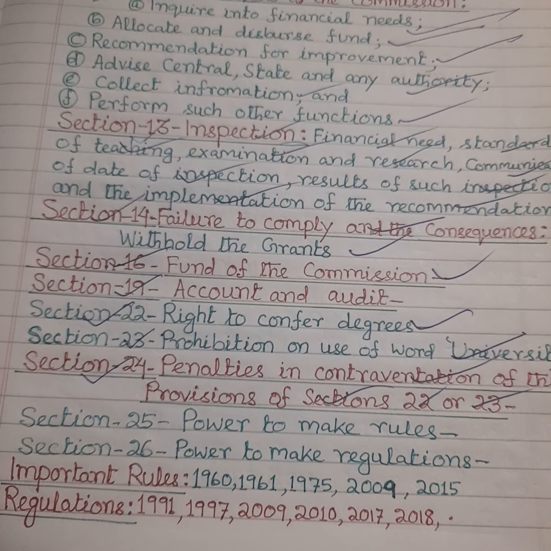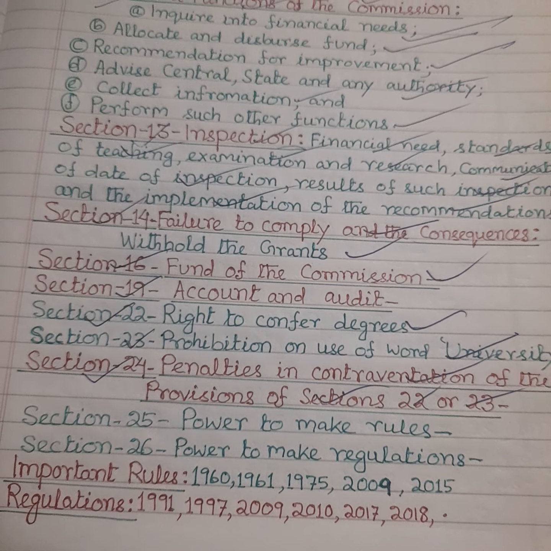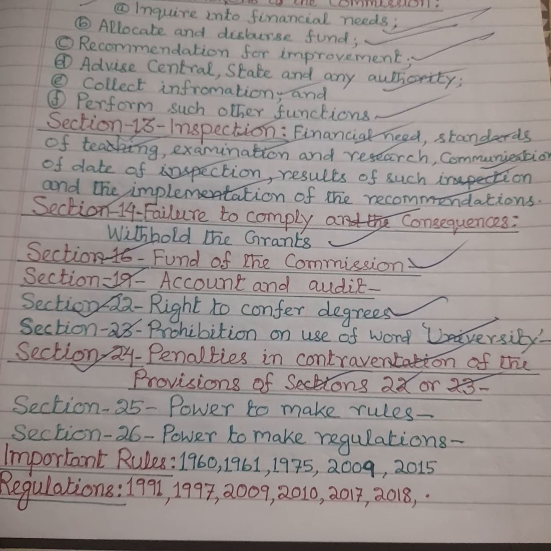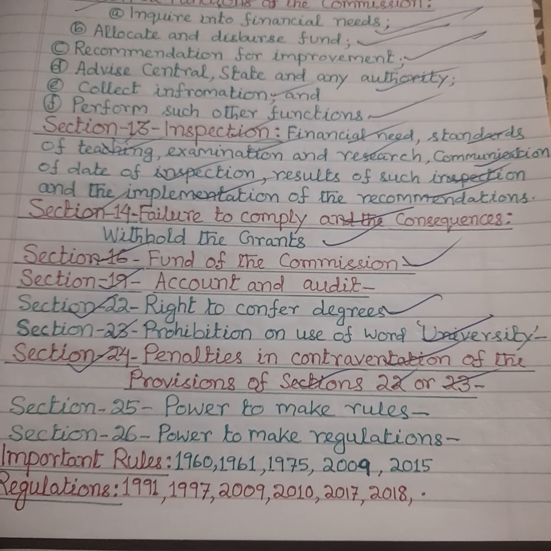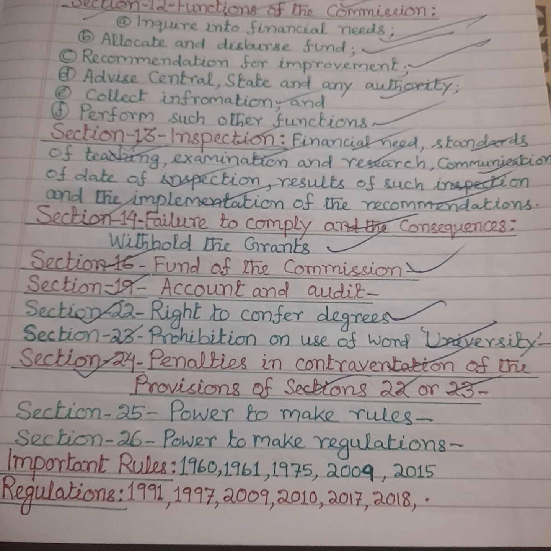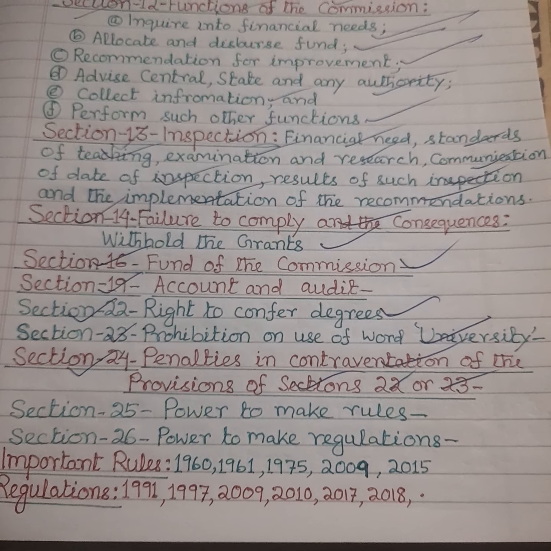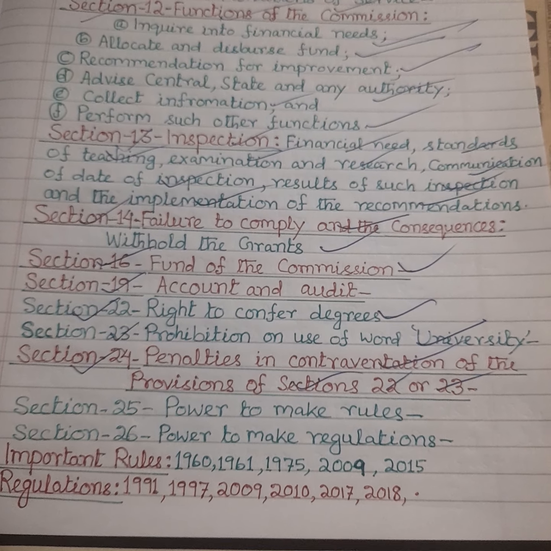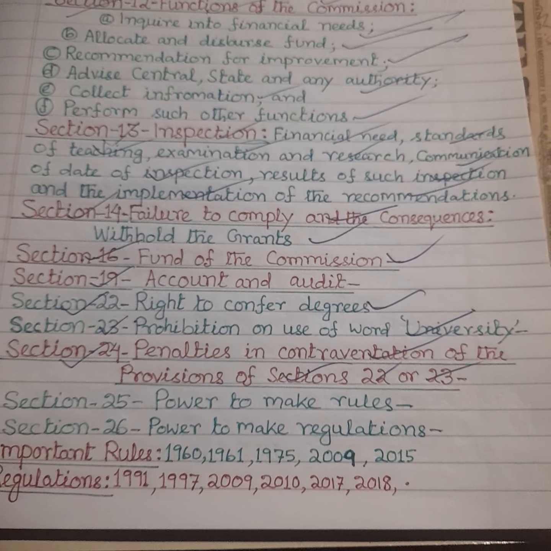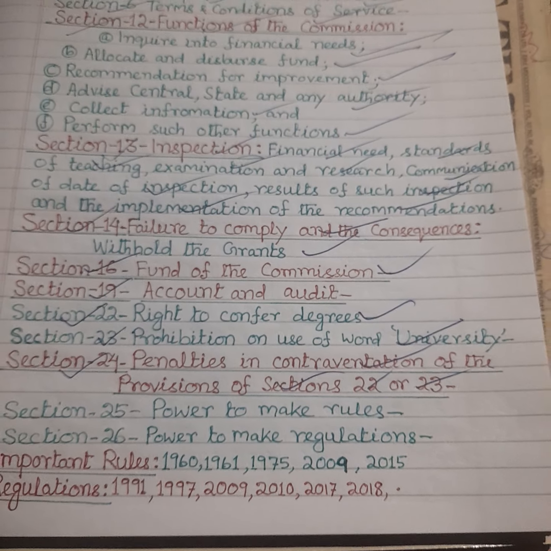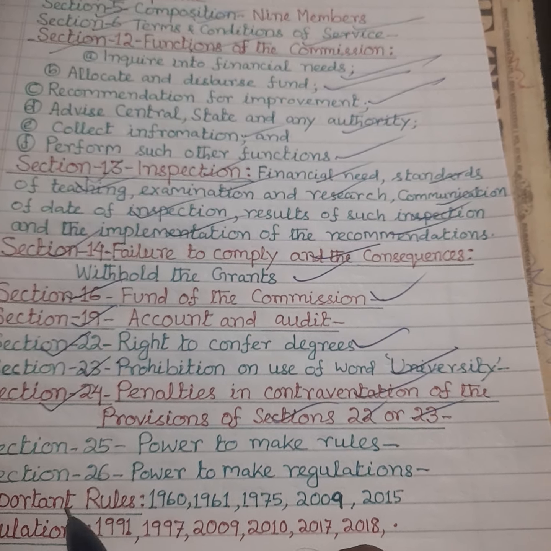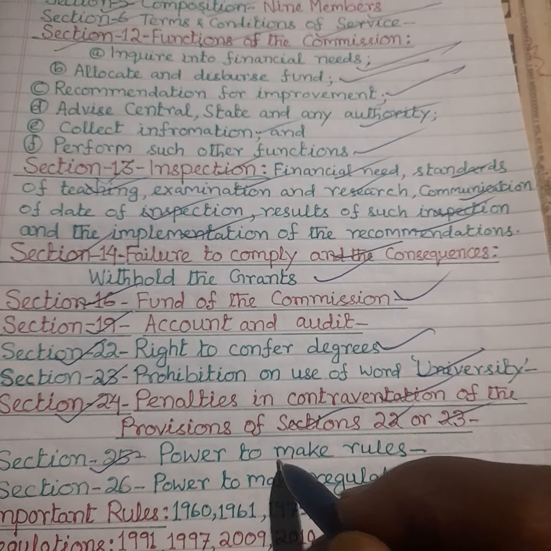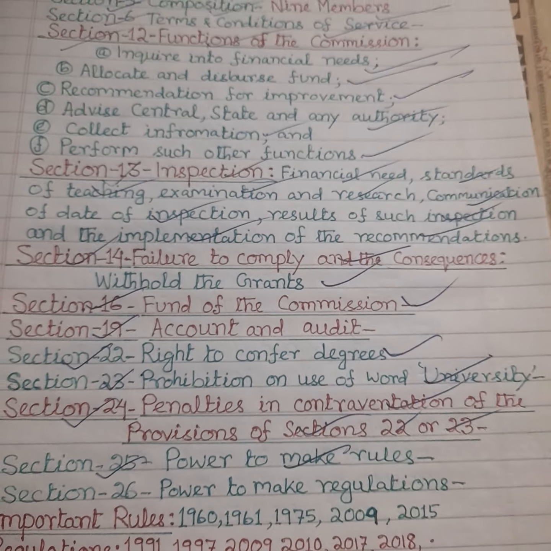And if the person contravening is an association or other body of individuals, every member of such association or other body who knowingly or willfully authorizes or permits the contravention shall be punishable with fine which may extend to 1,000 rupees.